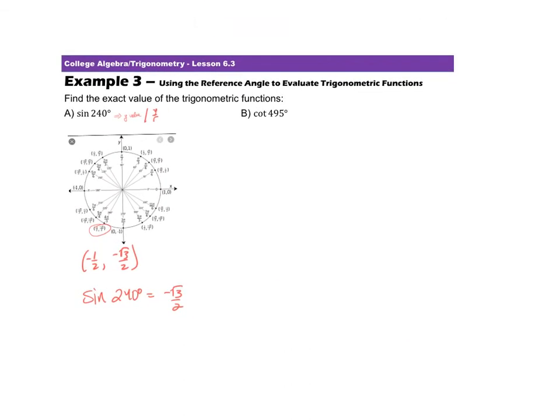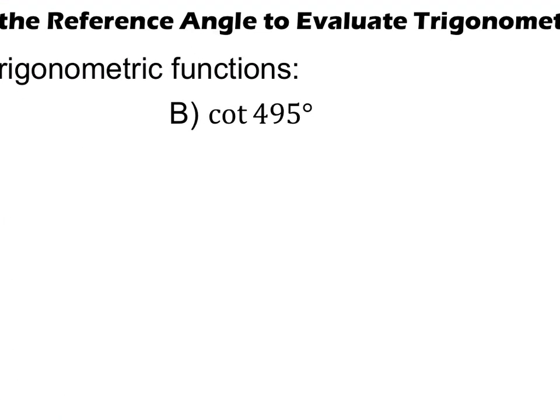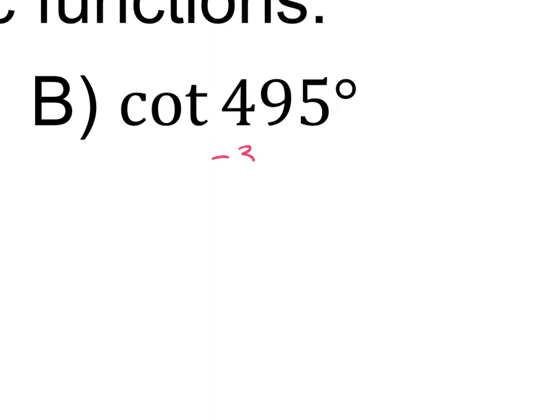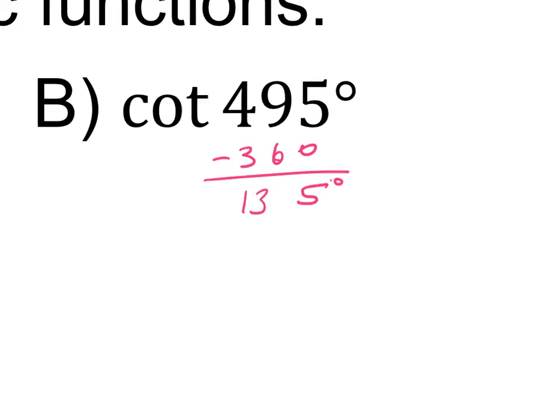All right, let's look here. Cotangent of 495. Well, the first thing I need to do is see if it's on my unit circle. 495, is that on my unit circle? No. So subtract 360. 9 minus 6 is 3. Thank you. Is 135 degrees on my unit circle?